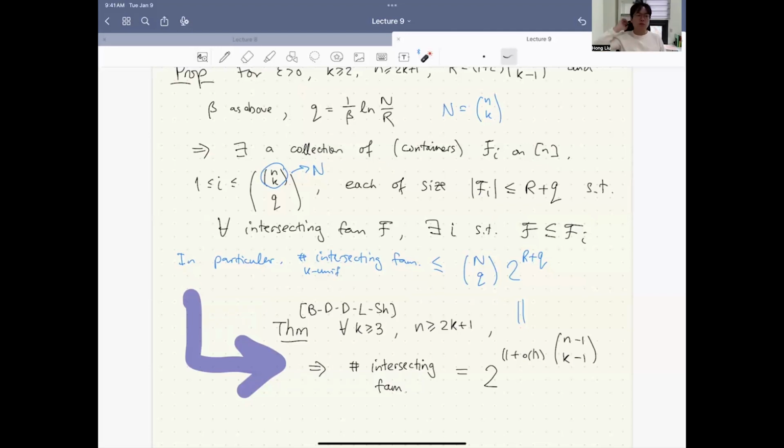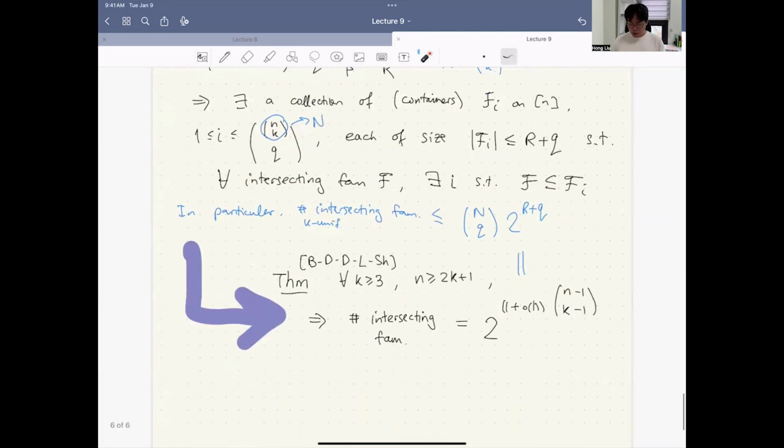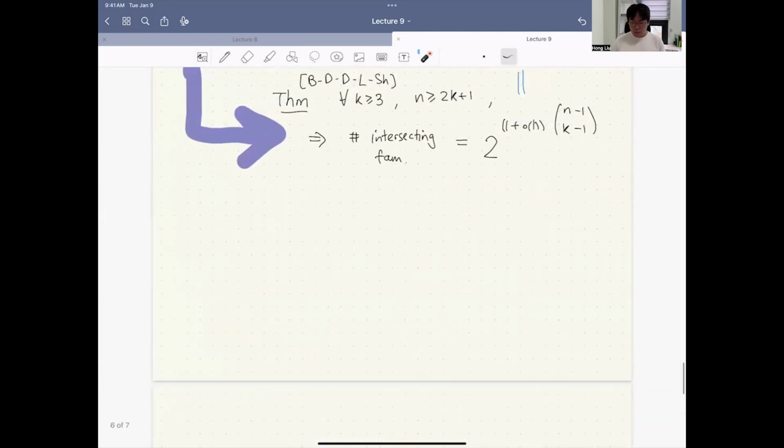Listing this whole technical theorem, I don't think it's that illuminating. So let's start with an informal explanation and see some concrete baby example of the hypergraph container theorem, how we can use it. I think we get more feelings and intuitions about this statement. So let's start with an informal introduction of hypergraph container.